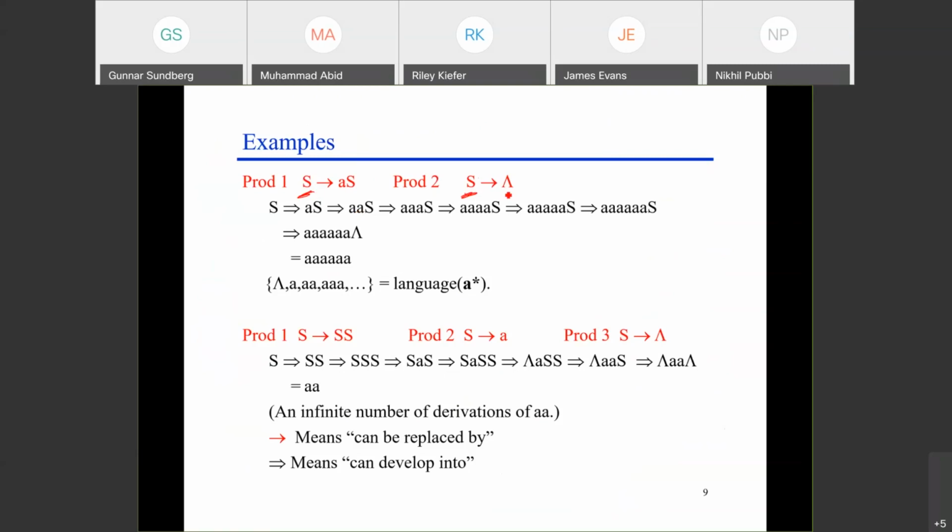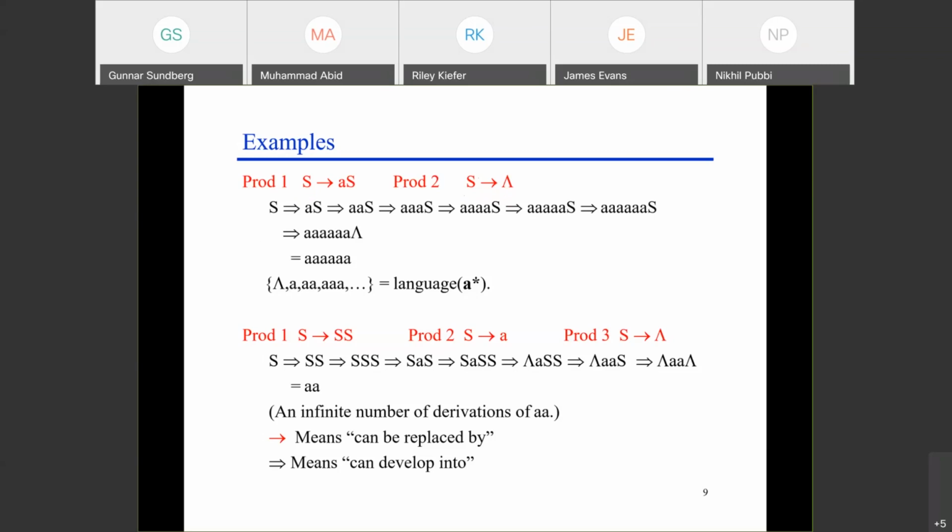You will never see a terminal on the left side, because a terminal cannot be replaced by anything. Always, non-terminals must be on the left side. They can come on the right side also, because a non-terminal can be replaced by terminals or non-terminals. But you will never see a terminal on the left side of the production rule.